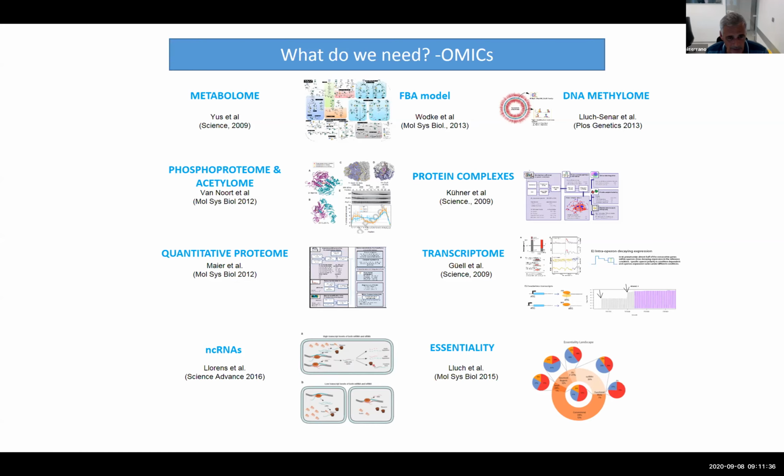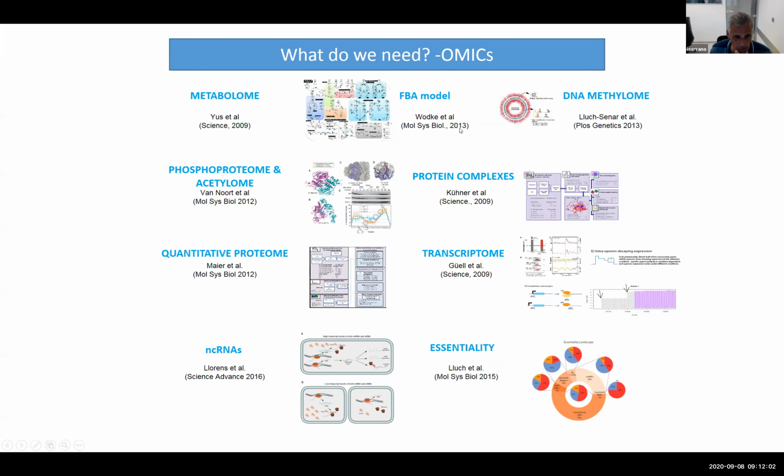So we have full metabolome analysis. We have quantified every metabolite, determined every DNA modification, the concentration of every protein, the phosphoproteome, acetylome, protein complexes, the transcriptome and abundance of every single RNA and its half-life, non-coding RNAs, and a full essentiality map. Now we have it at one base resolution.